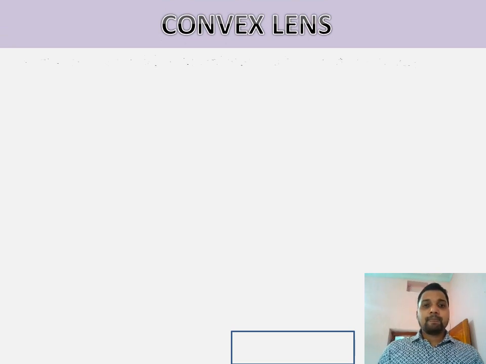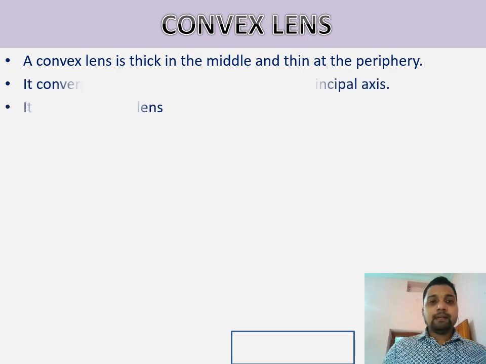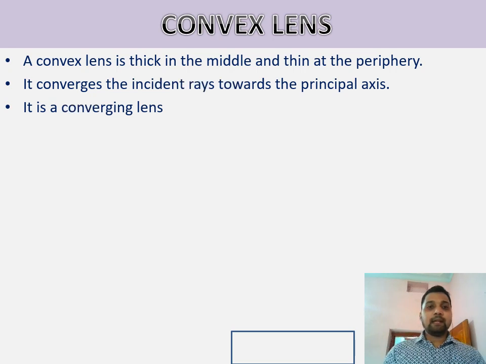When a ray of light from any source hits the convex lens, it brings the light inward, or simply you can say it's a converging lens.